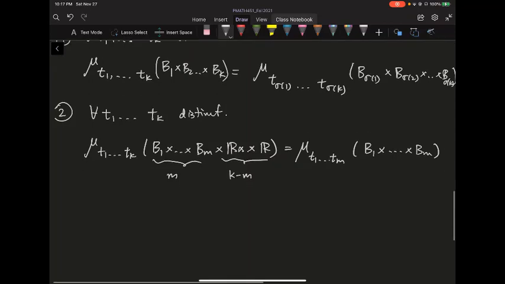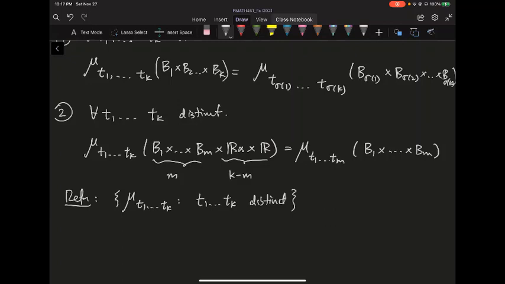So let's give a definition. Let's define the joint distribution mu of t1 up to tk, where t1 up to tk are distinct. In this video, we only care about when the tk are real values, so non-negative reals, but technically you can extend it to an arbitrary index set.